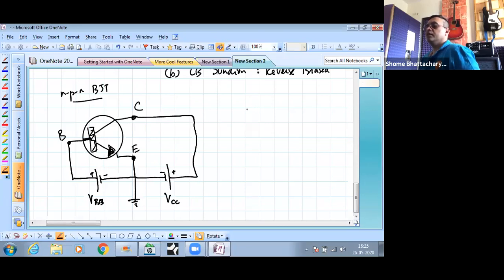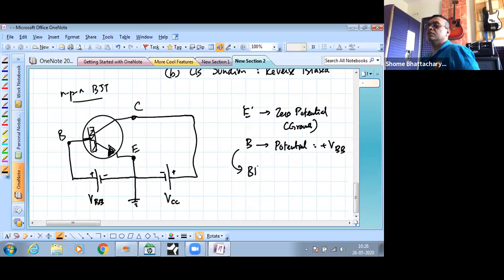So you can see that the emitter pin is at zero potential because it is grounded. The base pin is at a potential of, in this case, plus VBB, right? So this is ensuring that the base emitter junction is forward biased.